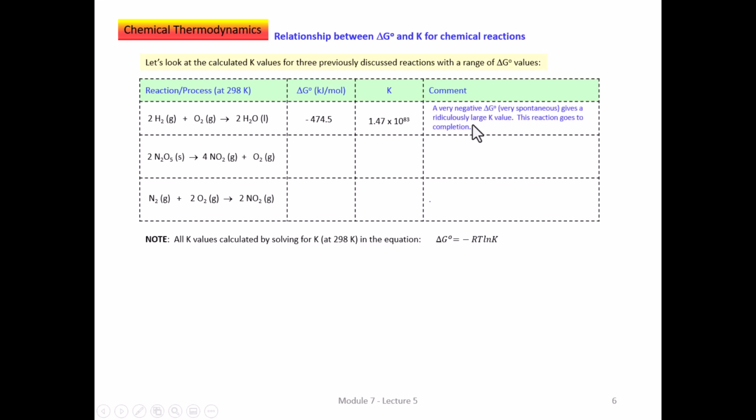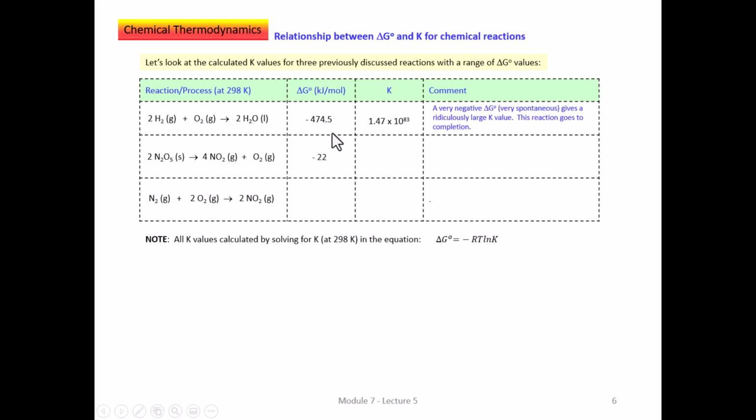All that means is that a very negative delta G, a very spontaneous reaction left to right, gives us a ridiculously large K value, and both of these values mean that essentially the reaction goes to completion. It's so product favored, we can assume that there's literally no reactants left when it reaches equilibrium. How about the decomposition of N2O5?